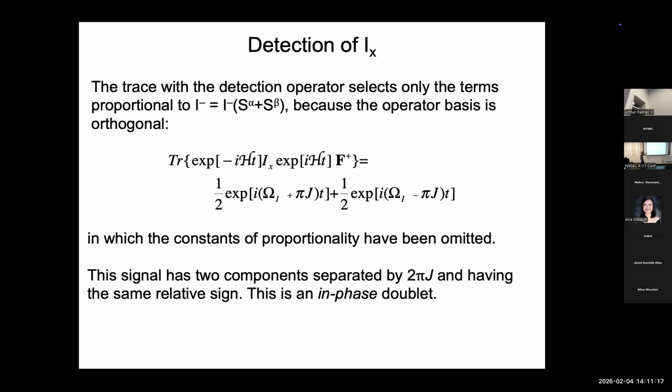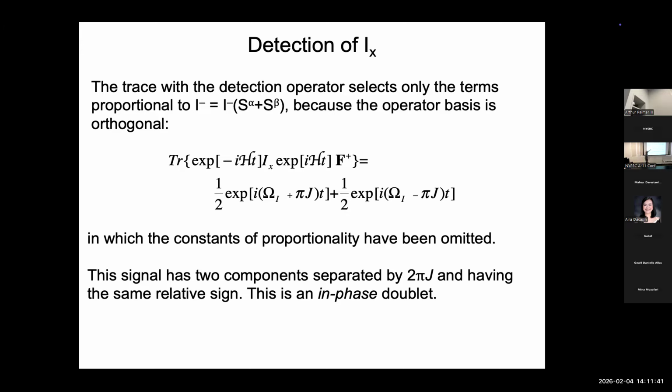So here I wrote sigma F plus, but it wouldn't matter. And I just multiply everything out, remembering that my operator basis is orthogonal. So F plus will only pick out minus operators because of orthogonality.